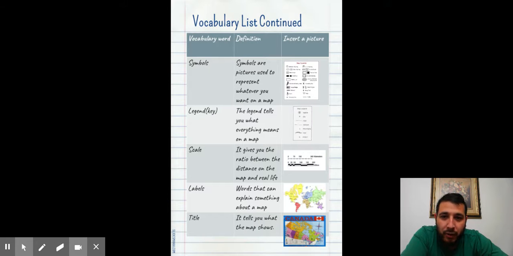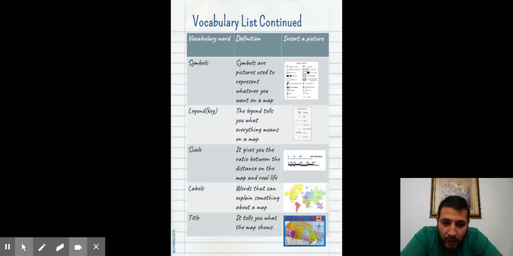Okay, so symbols. The symbols are the pictures used to represent anything you like. From your homework yesterday, you can do a symbol out of anything that you really like. The legend or the key tells you where everything is. So the symbols go inside the legend, and the scale gives you the ratio of distance.